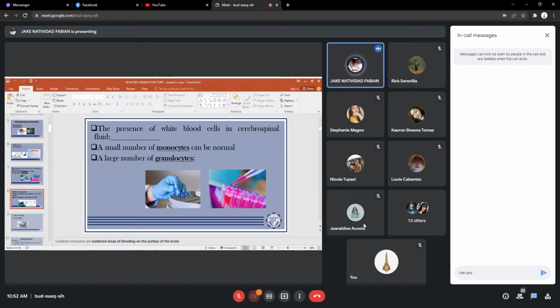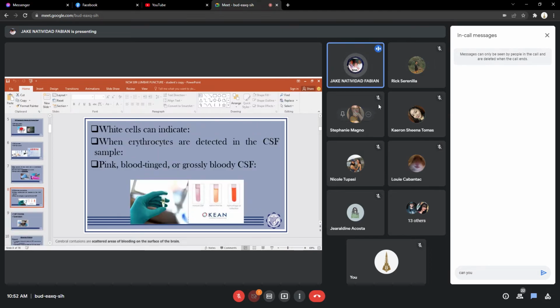White cells, sinasabi ko na to sa inyo kanina, sabi natin 0 to 5 white cells are just normal, but when they are present, they may indicate a CNS infection. It may even suggest trauma. It may suggest a lesion or an abscess.